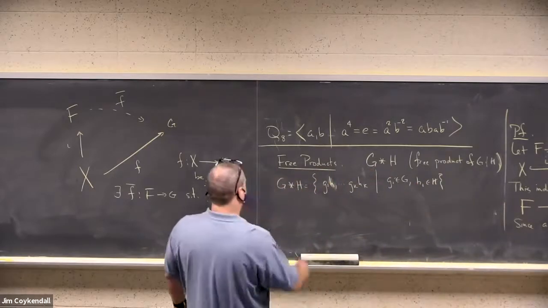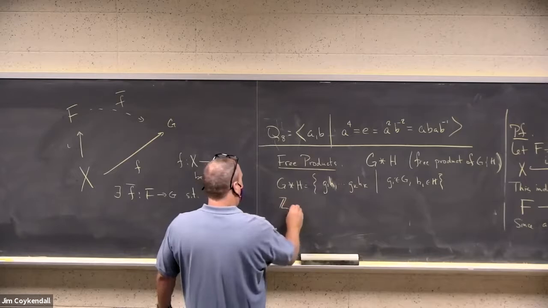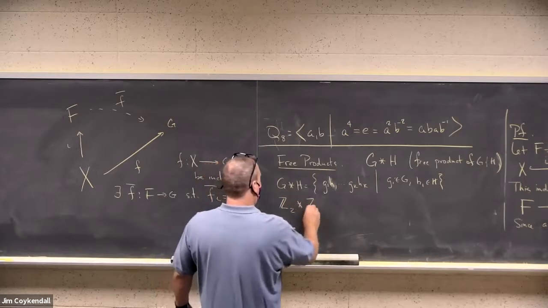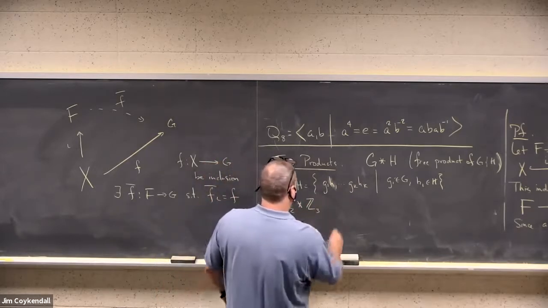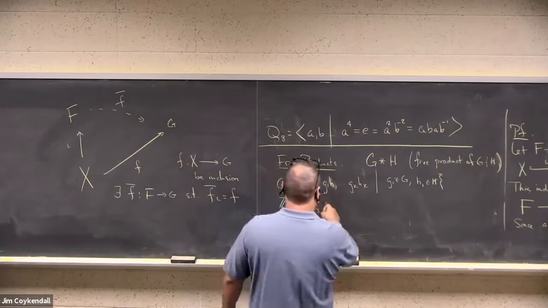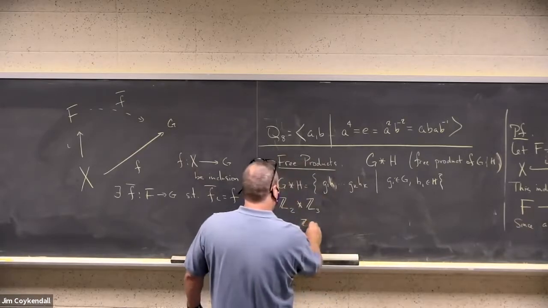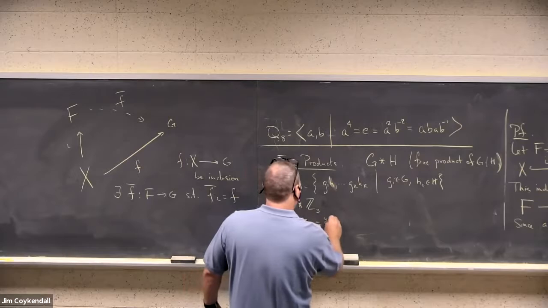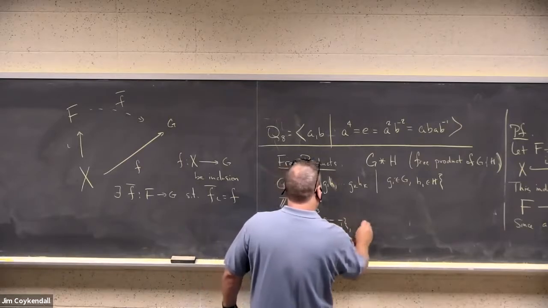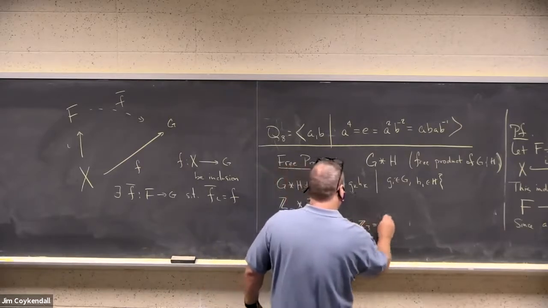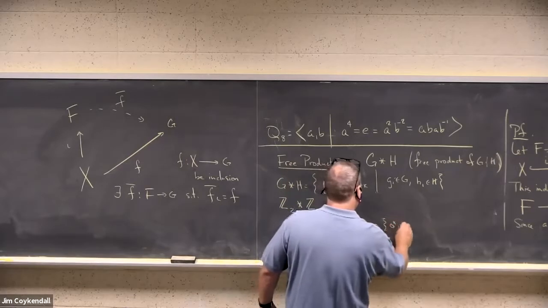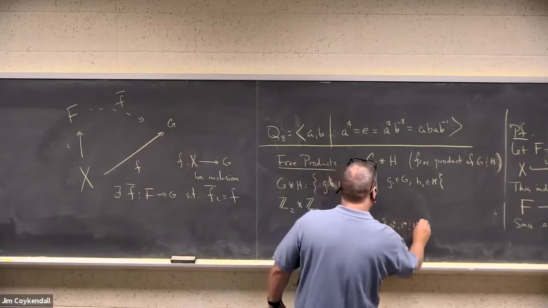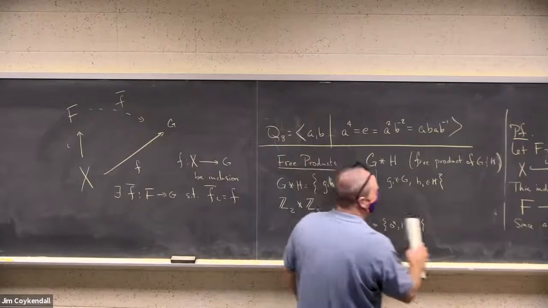So for example, if you have C2 free product C3, and we write C2 equals 0 bar, 1 bar, and C3 is 0 star, 1 star, 2 star, we distinguish between them in this example.